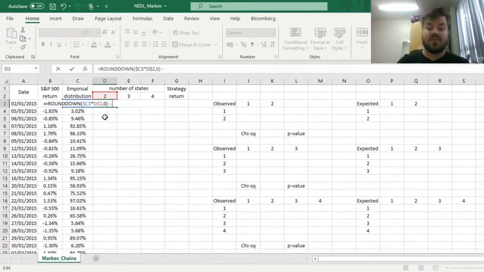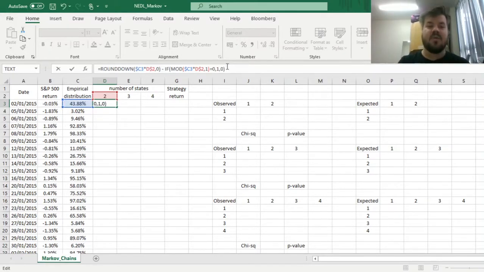So we have to subtract 1 if our product of the empirical distribution function and the number of states is wholly divided by 1. So here, if mod, which is the remainder of whole division of the same expression, mod C3 times D2, which is the empirical distribution function times the number of states, divided by 1 is equal to 0, we have to subtract 1 and leave it as it is if it's not the case.